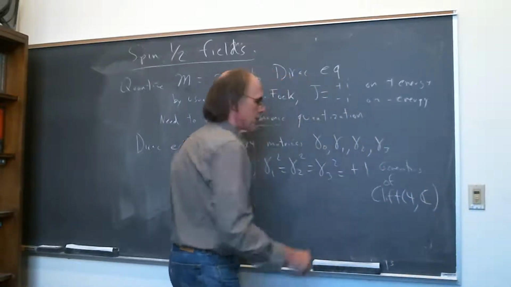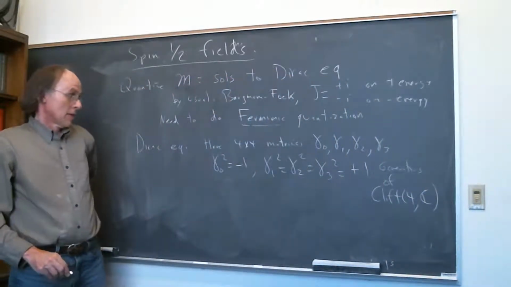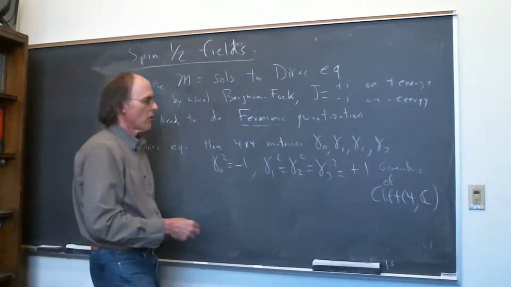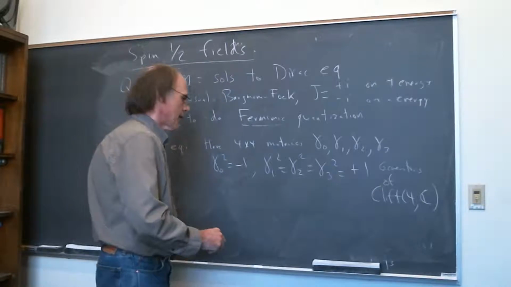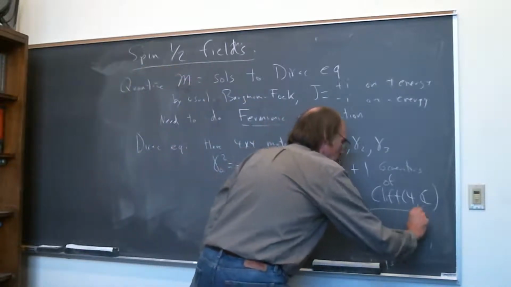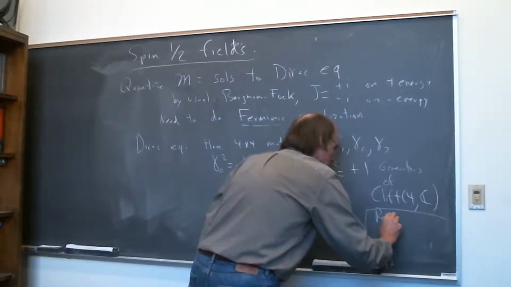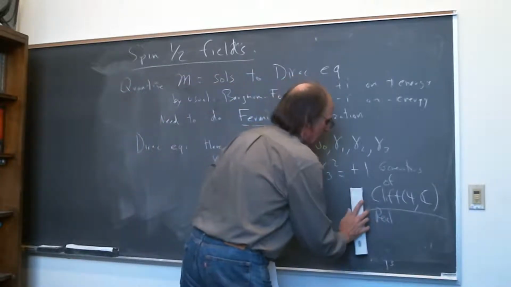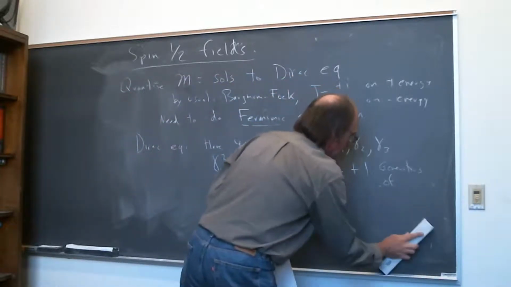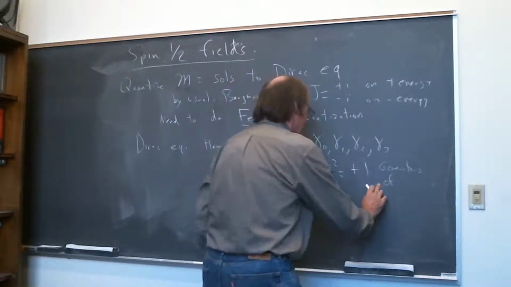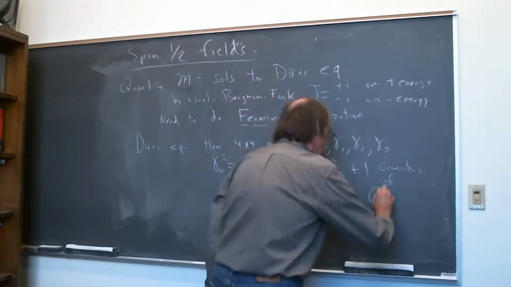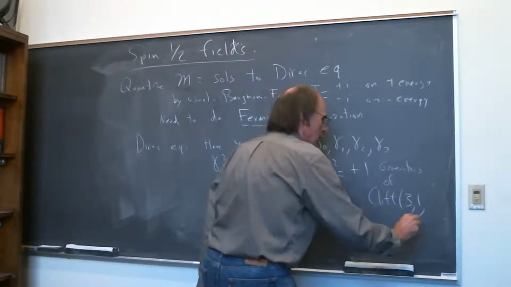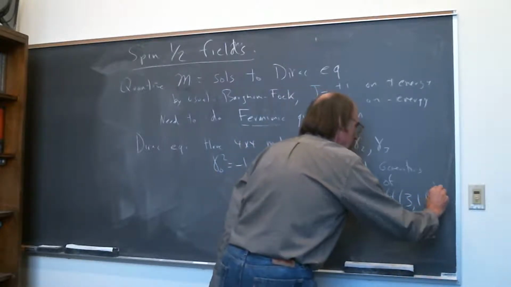So these are the generators of the Clifford algebra. Maybe it's better to say that these are generators of the Clifford algebra of signature 3, 1 over the reals. Okay.